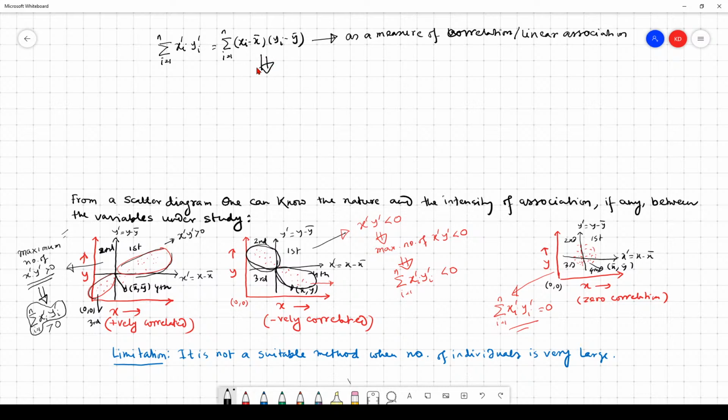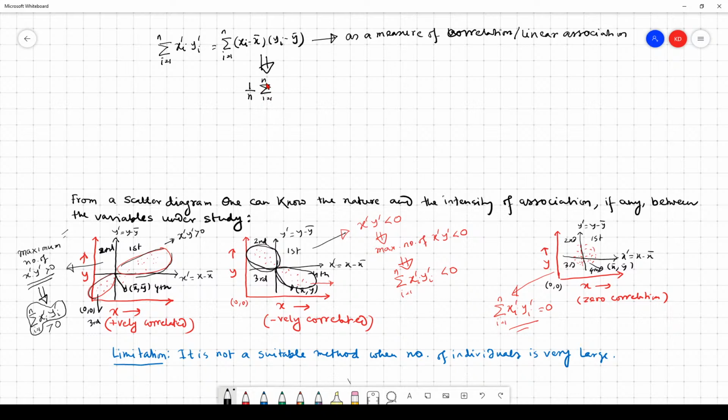If you increase the number of observations, then it may change the sign of the sum of this product. So first you need to free this measure from the number of observations. So that's why I divide this measure by the number of observations n.